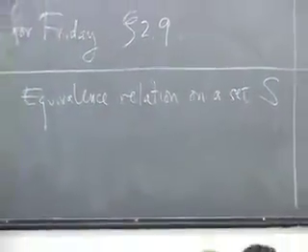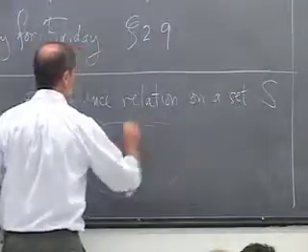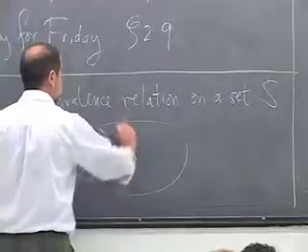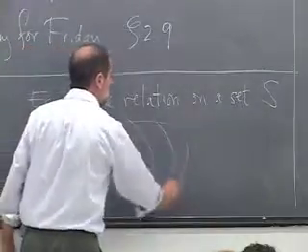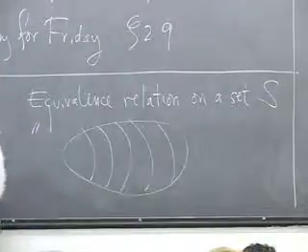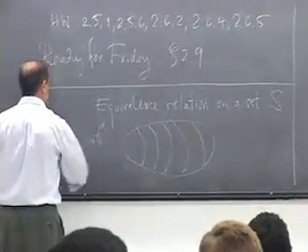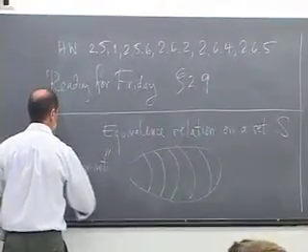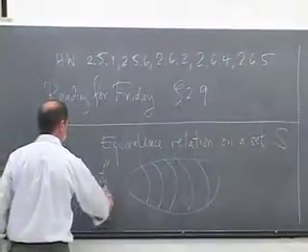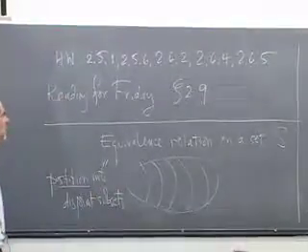And what an equivalence relation essentially is a partition of the set into disjoint subsets whose union is the set. Partition means that the union of the disjoint subsets is the set.